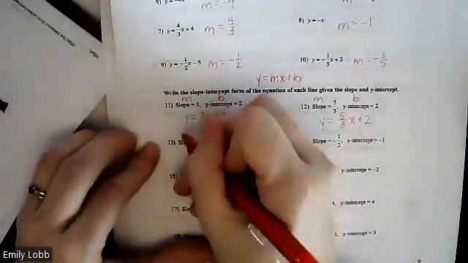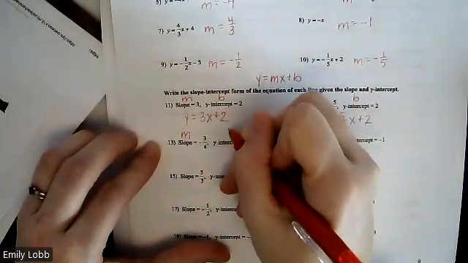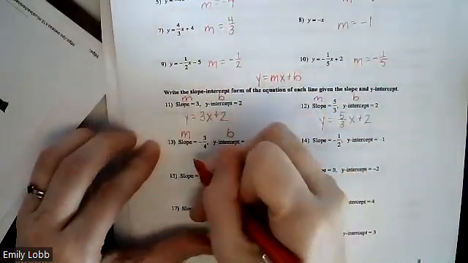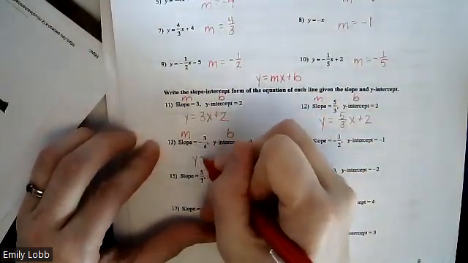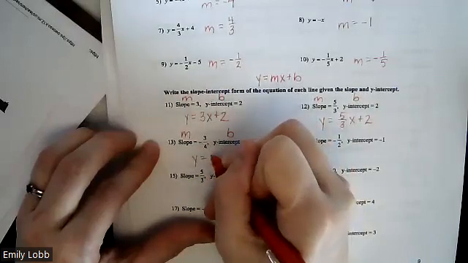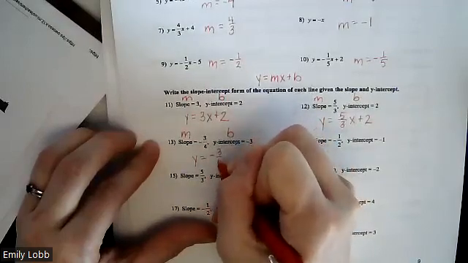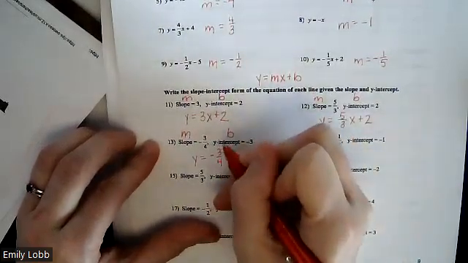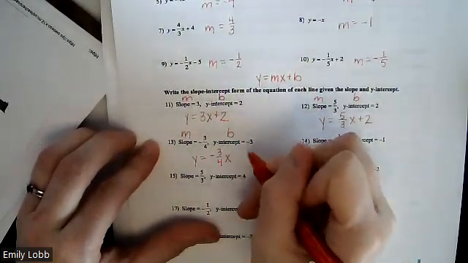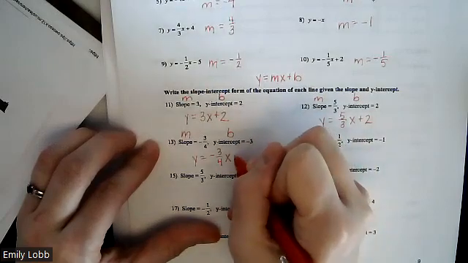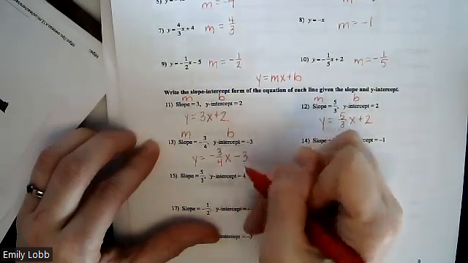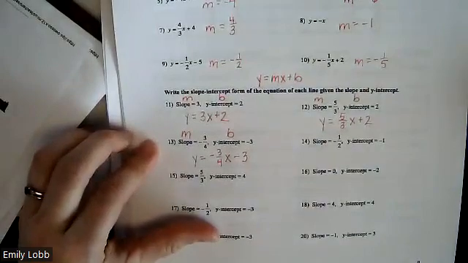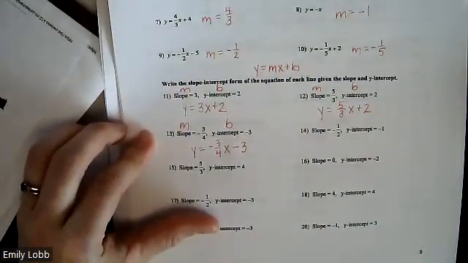Okay, so if our slope is always m and our y-intercept is always b, we have y equals m, which is -3/4, mx, so we need to put our x in, and then plus b. Here, our y-intercept is -3, so we're going to say -3. So the sign does matter, right?